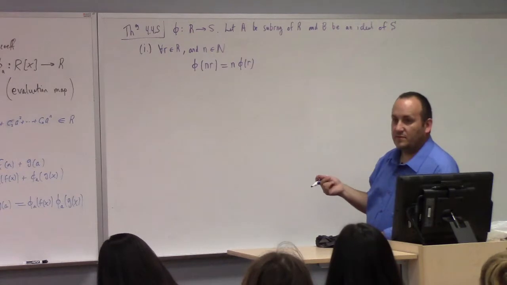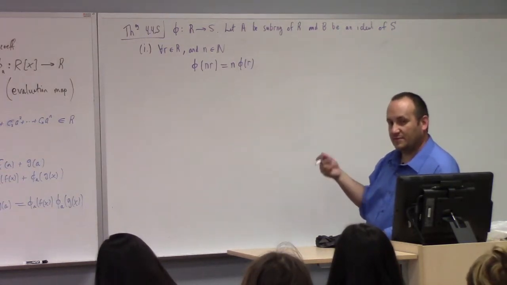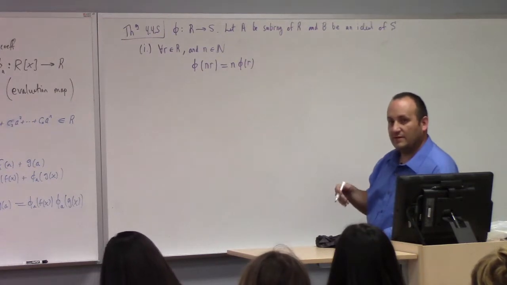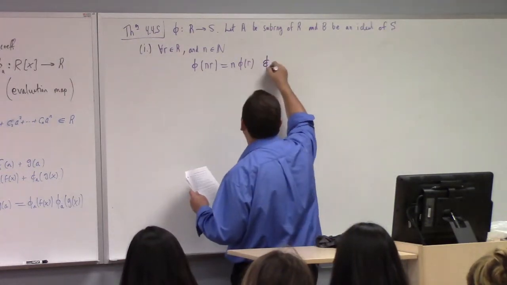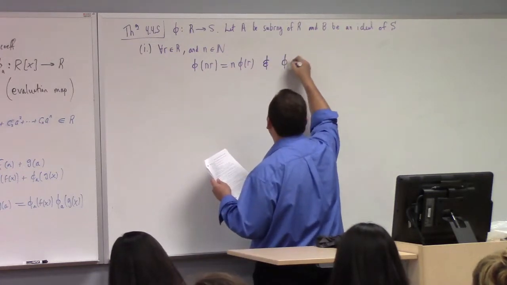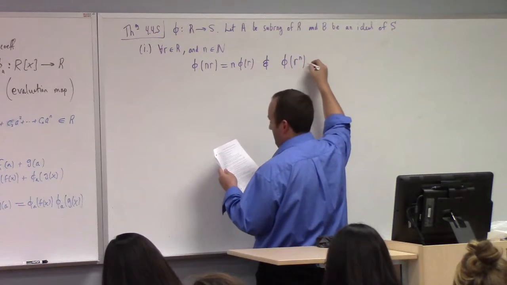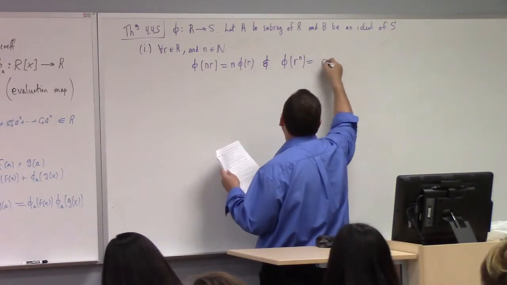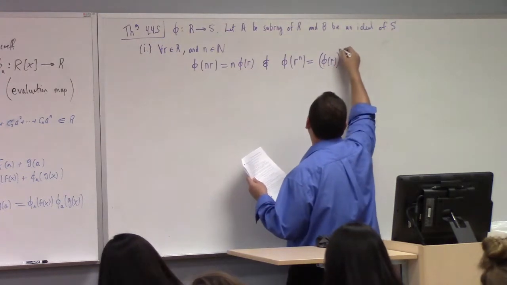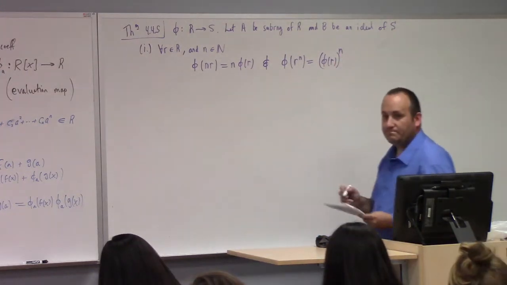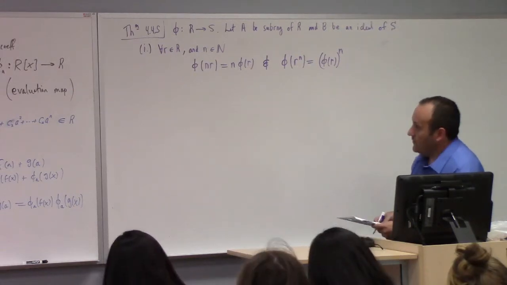So like phi of 2x is equal to 2 times phi of x, because phi of x + x is equal to phi of x + phi of x, which is 2 times phi of x, et cetera, et cetera. And also, more than that, we have that phi of rⁿ is equal to phi of r to the n. Stupid English. You got to look at the board, right? So, like that. What else do we know?